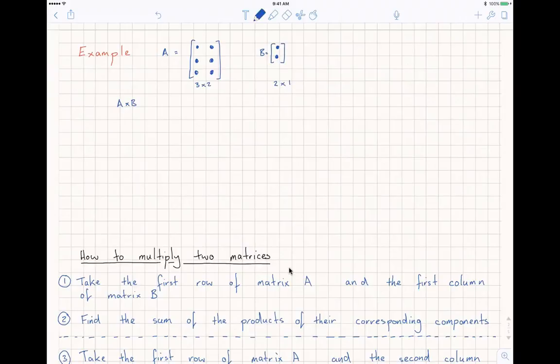If we multiply A by B, then we end up with a matrix. So I've got a 3 by 2 and a 2 by 1.